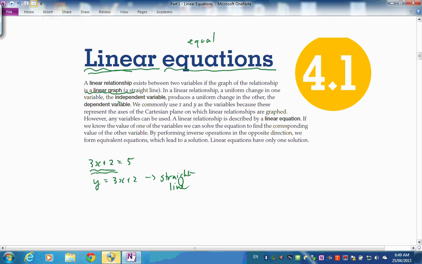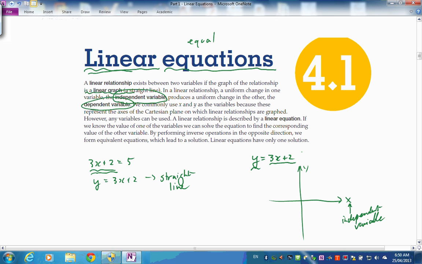And actually they then start to talk about this independent variable and dependent variable. What we say is, if we are looking at y equals 3x plus 2, we've got the x-axis and the y-axis. We think of what's on the x-axis as the independent variable, because as we change that, we consider that y is changing in response to that, because it says y equals this dependence on x.